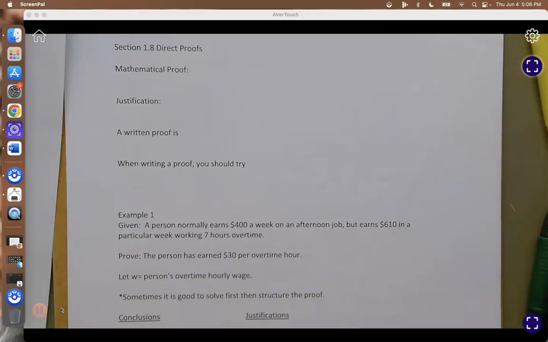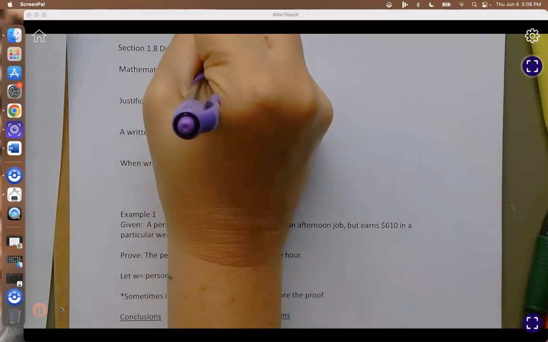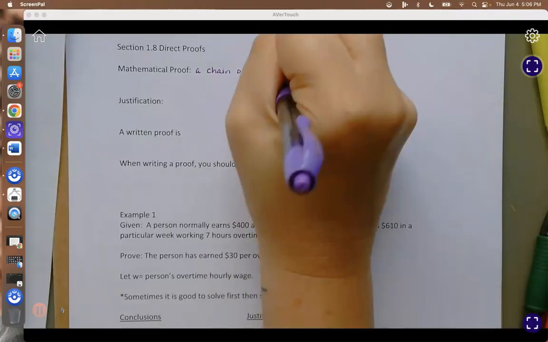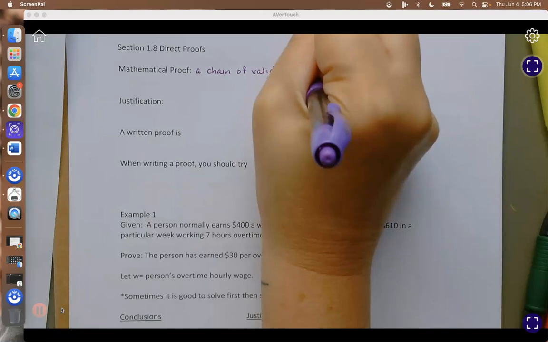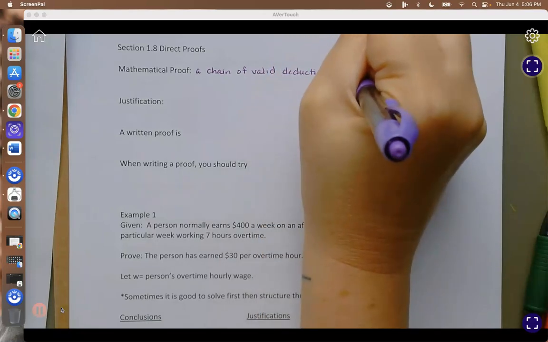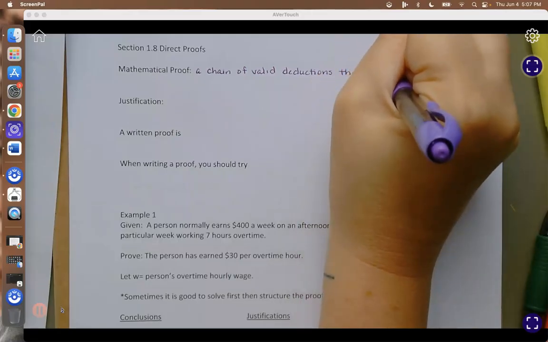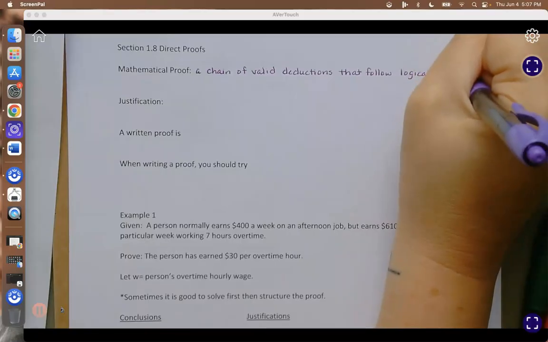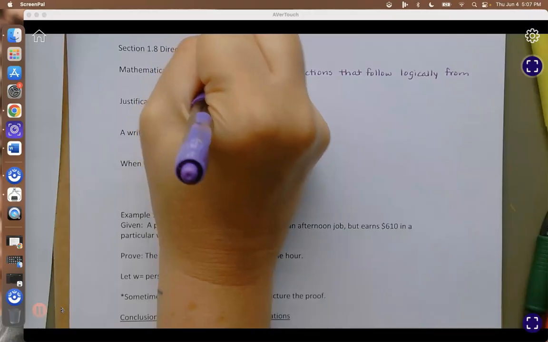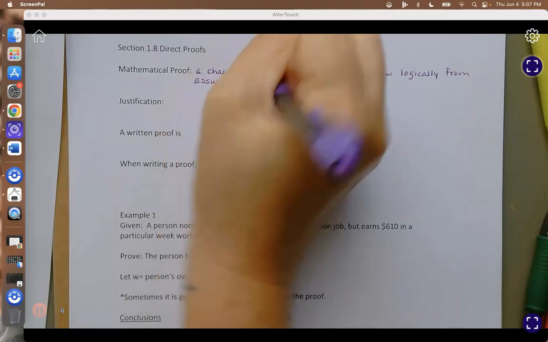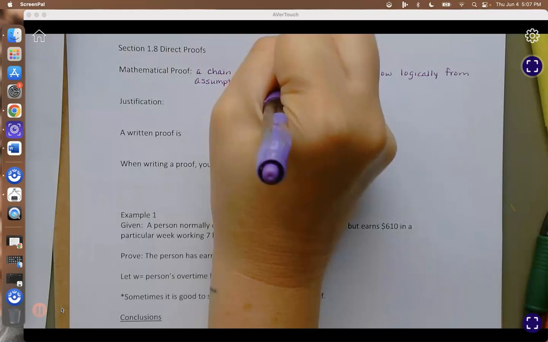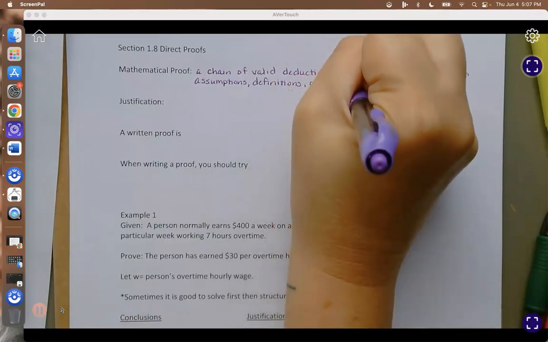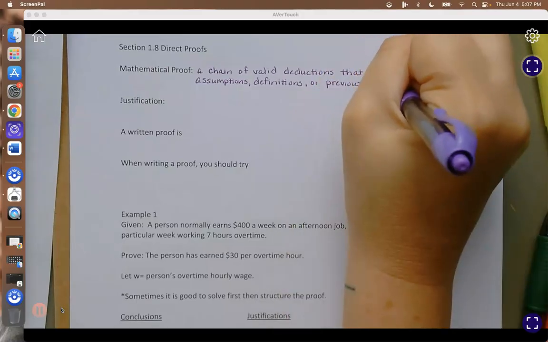A direct proof is a chain of valid deductions that follow logically from assumptions, definitions, or previously proven statements.